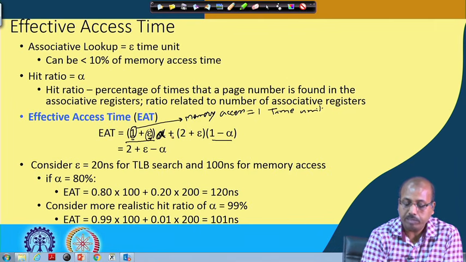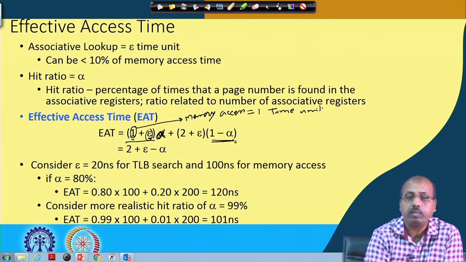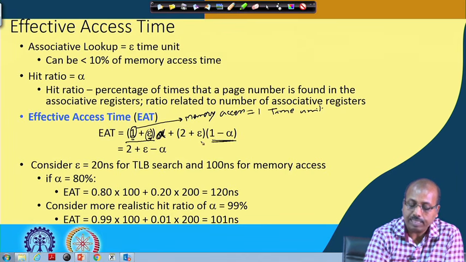Now, the other possibility is that the item is not found in the cache. That probability is 1 minus alpha, and in that case you have spent epsilon time searching in the cache, then 1 time unit for the page table search, and another time unit for the actual physical memory access.